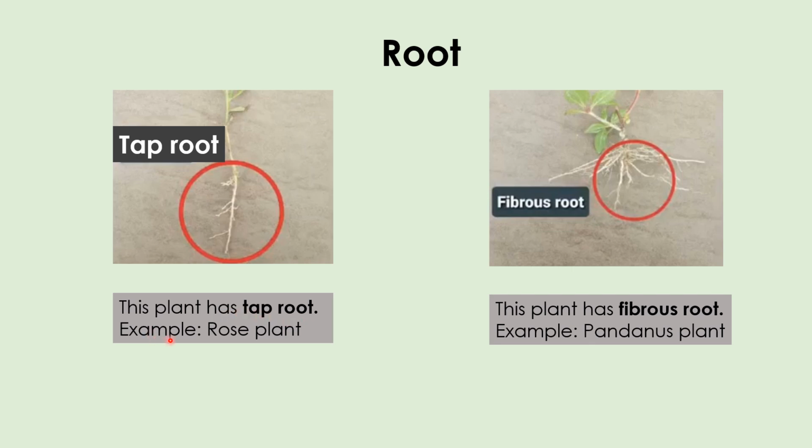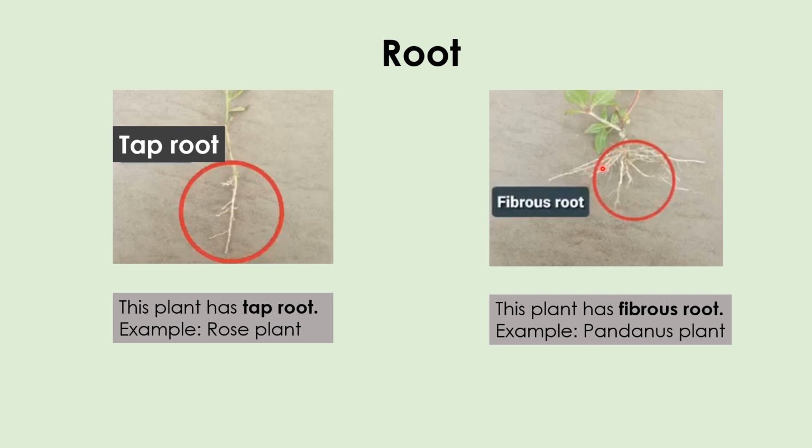Example of plant that has taproot is rose plant. Now look at the picture on your right. Look at the root. This is fibrous root. What is the meaning of fibrous root? A fibrous root is a root that consists of groups of roots of similar size and length. Look at the picture.